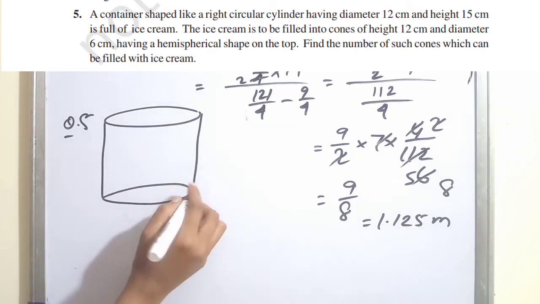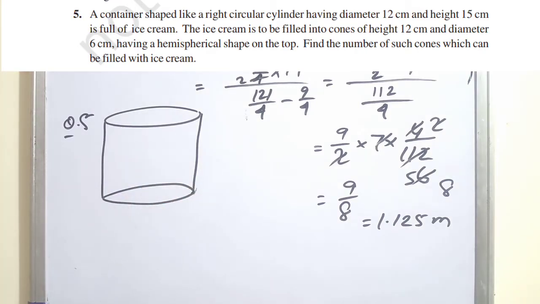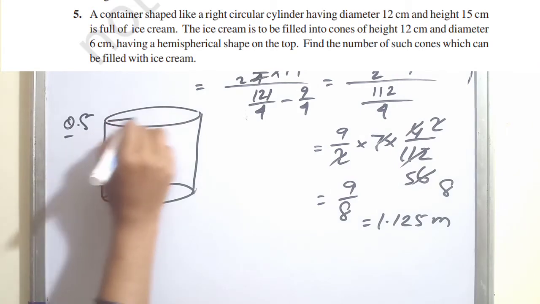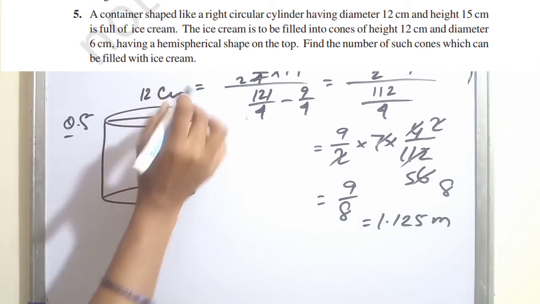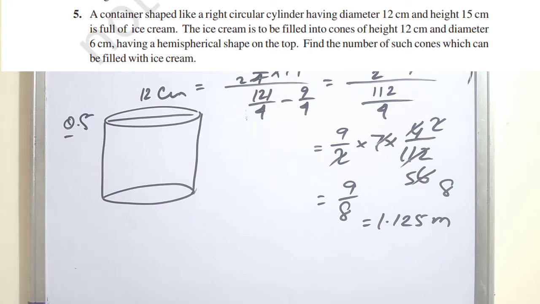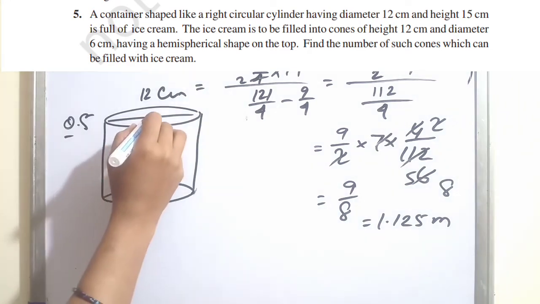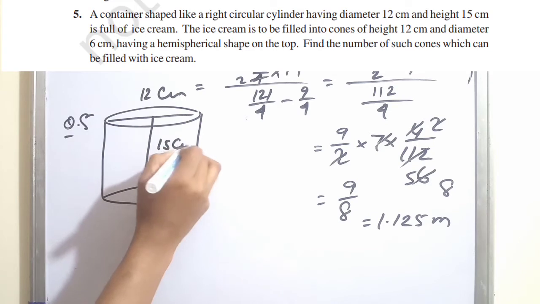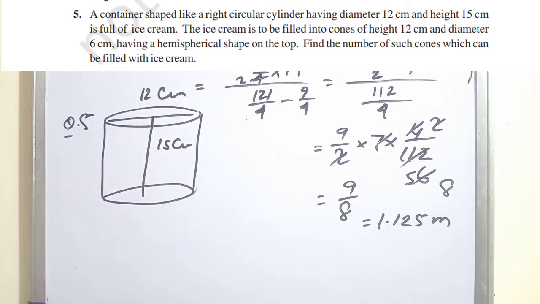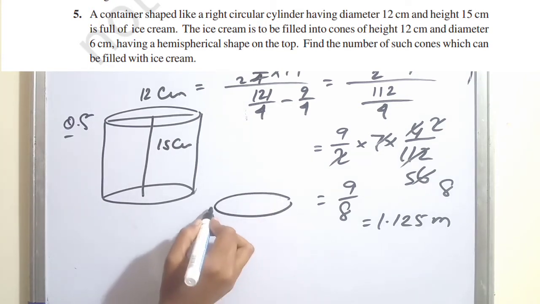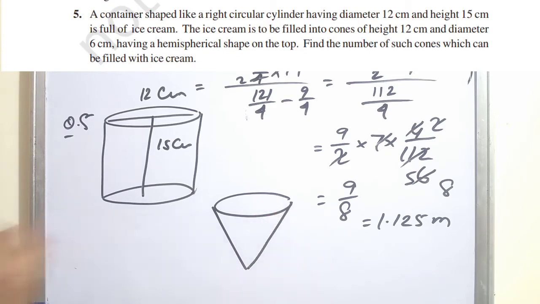It's a cylindrical shape and given that the diameter is 12 centimeter, that means radius 6 centimeter, and height 15 centimeter. The ice cream is to be filled into cones of height 12 centimeter and diameter 6 centimeter.